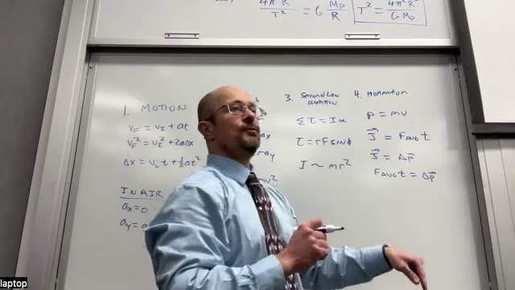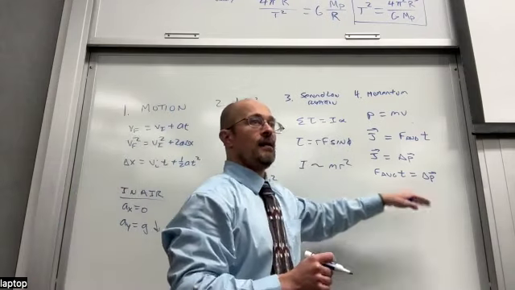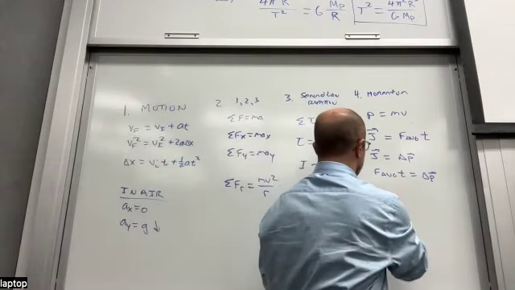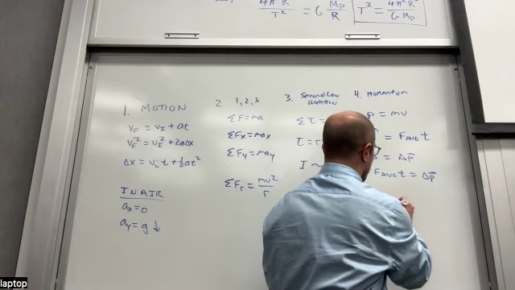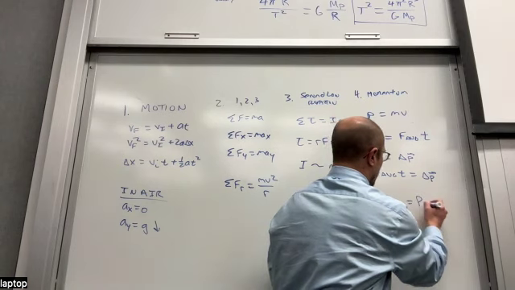Then that also led us to, if you wanted to use the 3rd law with this for interacting objects, we said that momentum is conserved, so P of the system before equals P of the system after.